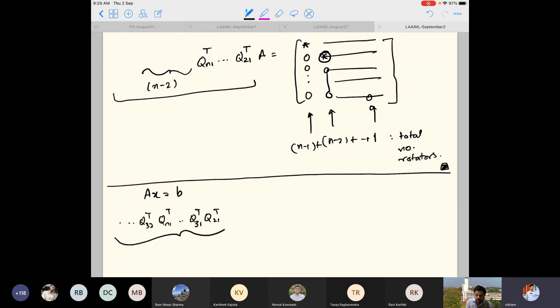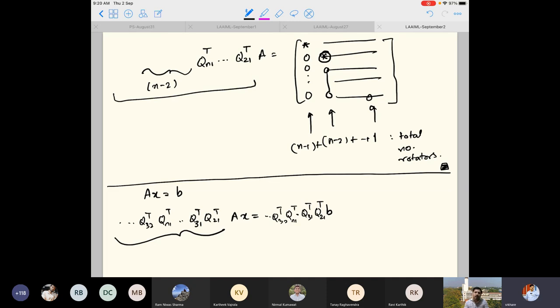You will have Ax here, and for this B, you will apply the same operations also, at the same time.